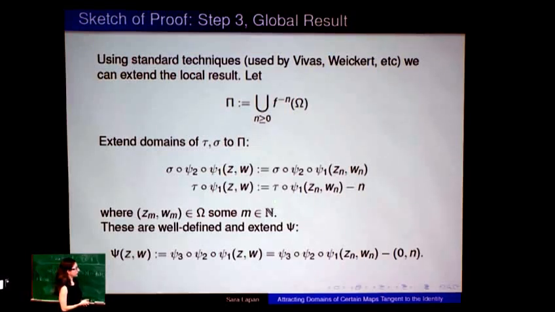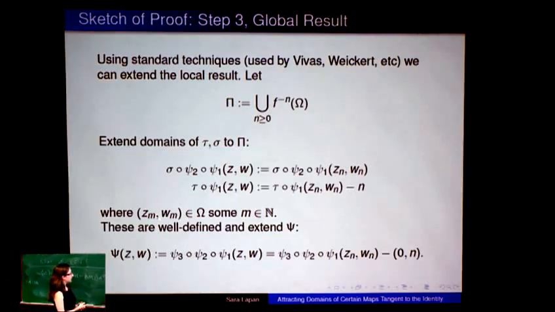So this accounts for this coordinate being the translation coordinate. Okay, so Zm and Wm are in omega for some m, but Z and W don't have to be in omega. So these are well defined and they extend to psi, and putting all of that together, we have how psi acts on a point.